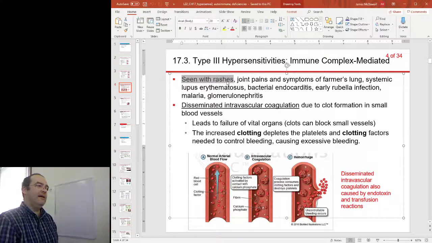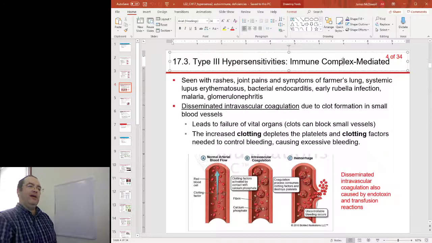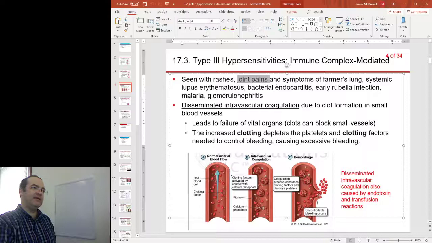We can see, as a result of these immune complexes forming, as a result of them getting stuck in various parts of the body and triggering an immune response, we can see rashes, joint pains, symptoms of farmer's lung, systemic lupus. We'll take a look at lupus a little bit later on too.